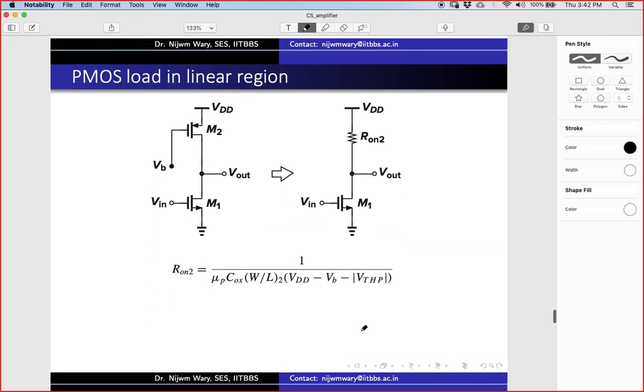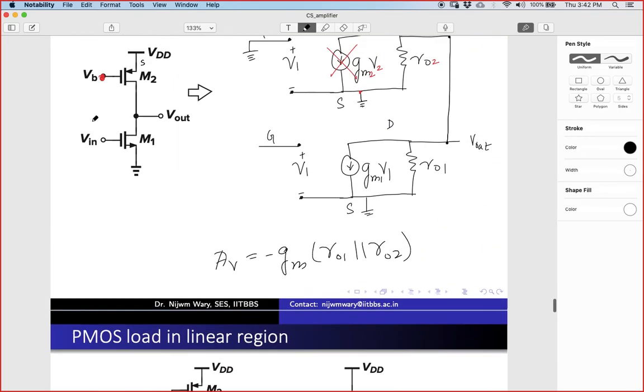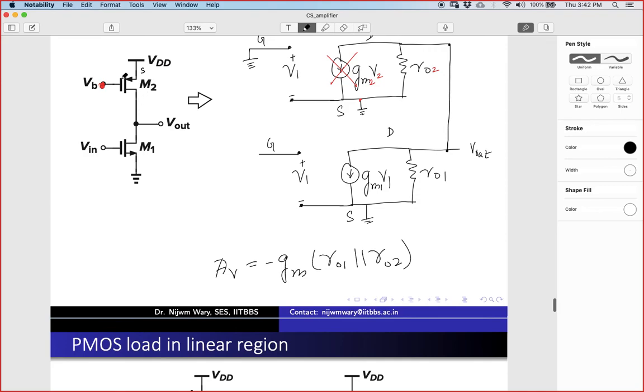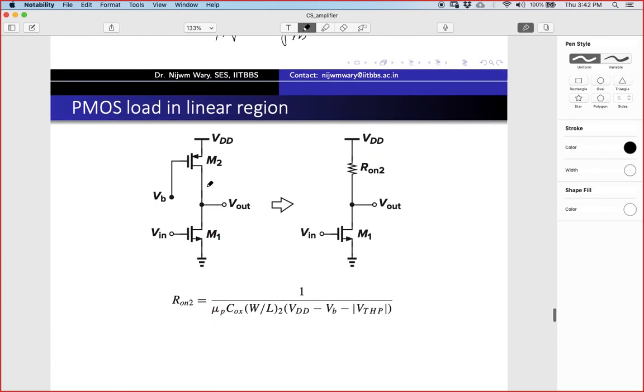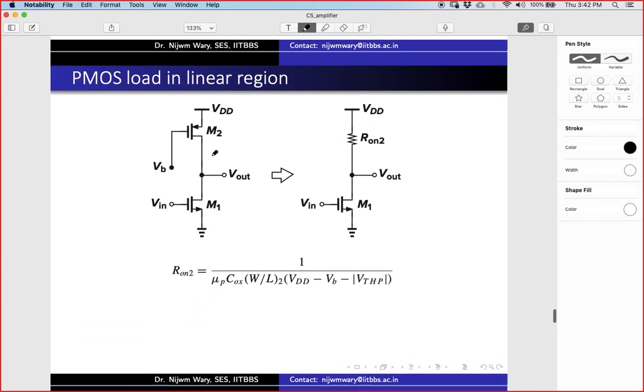The other thing is, what happens if instead of saturation, the device goes in the linear region? Yes, this kind of amplifier is also used. If it goes in the linear region, we know that this MOSFET will behave like a resistor, and the on resistance is given by this value. I hope you already have learned about this.